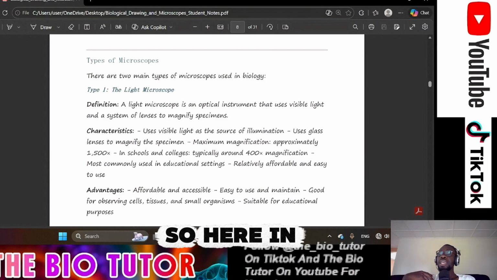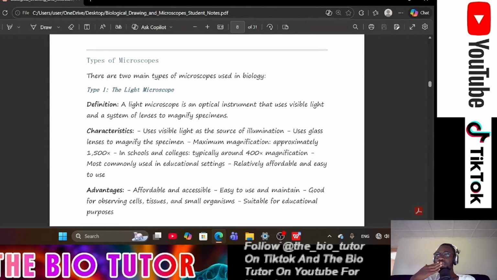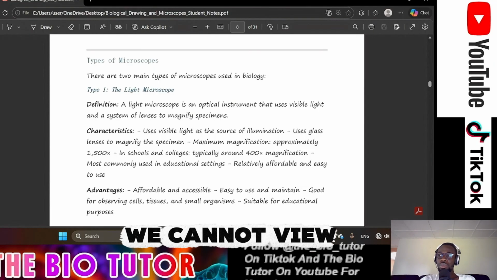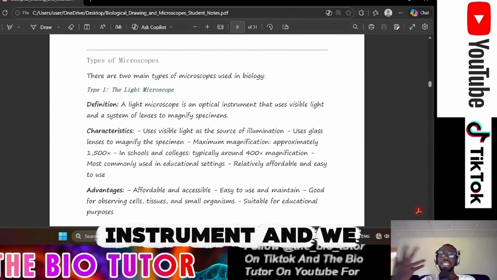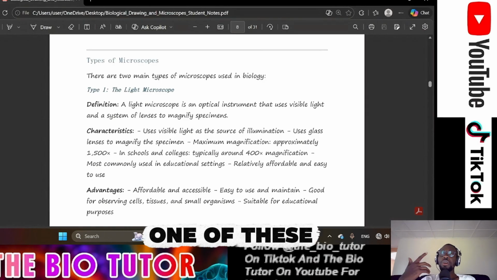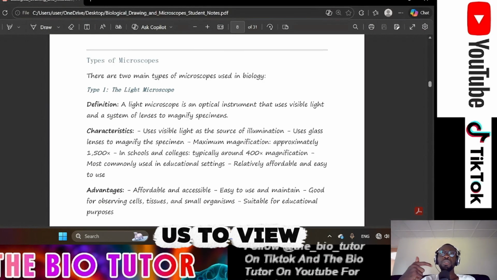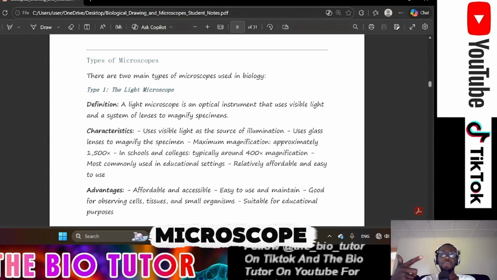So here in this process, we cannot view these tiny organisms. Therefore, we need an instrument. And we are saying that one of these instruments that will help us to view these tiny organisms is the light microscope.